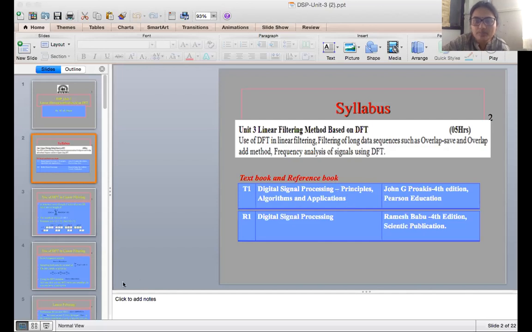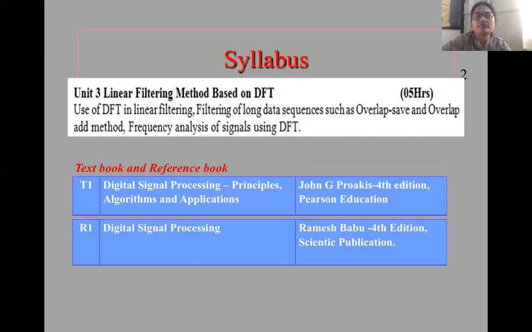Textbooks and reference books are required. Digital Signal Processing: Principles, Algorithms and Applications by John G. Proakis. This is a very good book for reference purposes. The second book is Digital Signal Processing by Ramesh Babu. This book is important from the problem solution point of view.